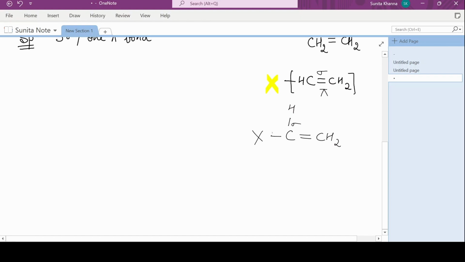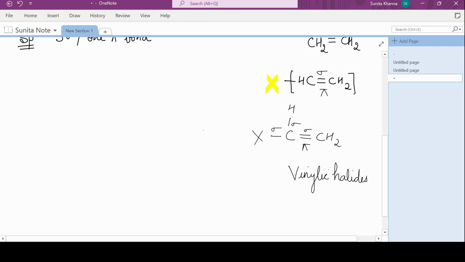Sigma, and pi. 3 sigma, that means sp2 hybridized. So vinylic halides are the example of the sp2 hybridized carbon ones, where the halogen is attached to sp2 hybridized carbon atom.